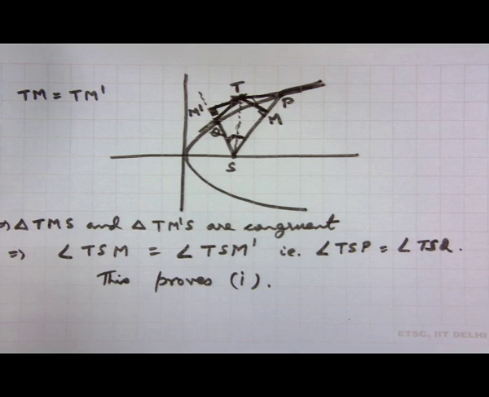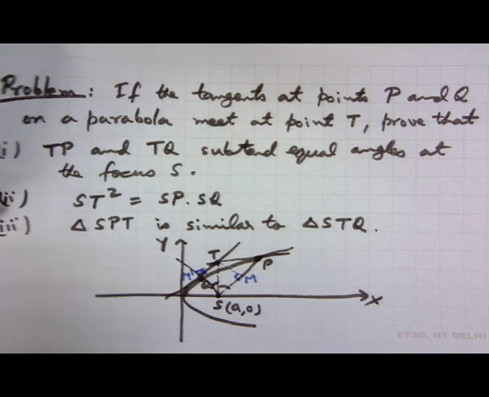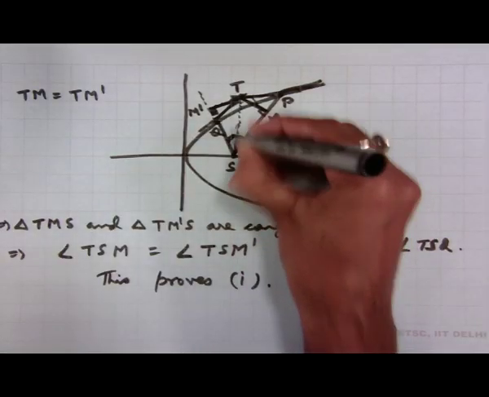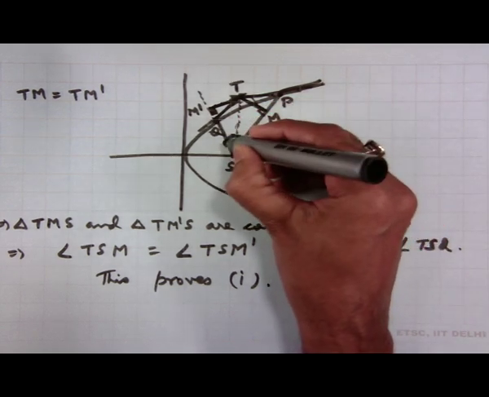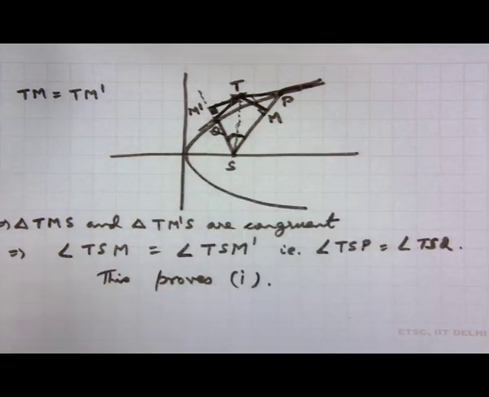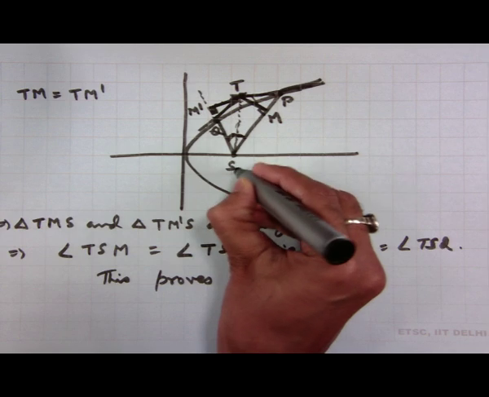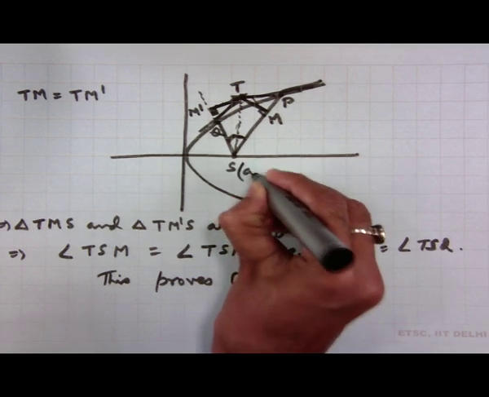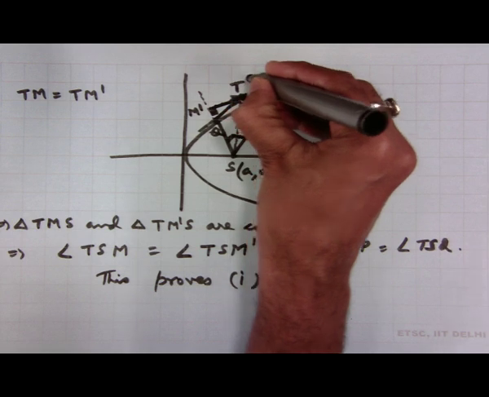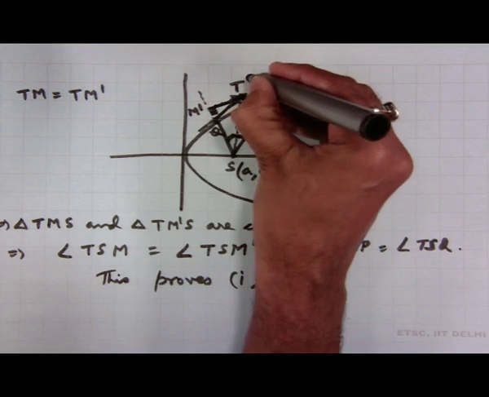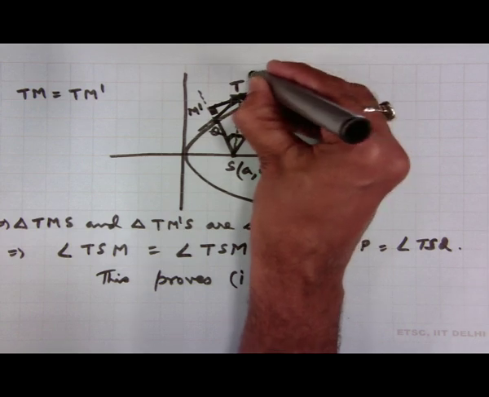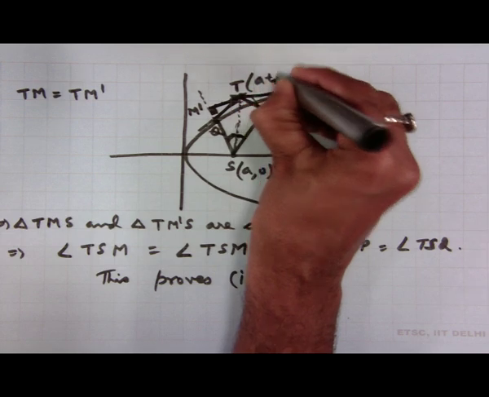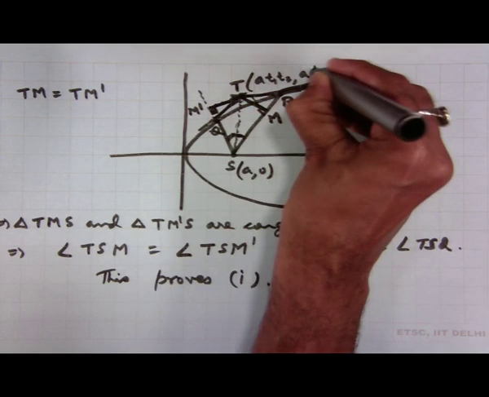The second part is to show that ST square equal to SP times SQ. So, we have ST square equal to SP times SQ. So, we need to find the distance. S has coordinate a comma 0, T is at1t2 comma a(t1 plus t2).